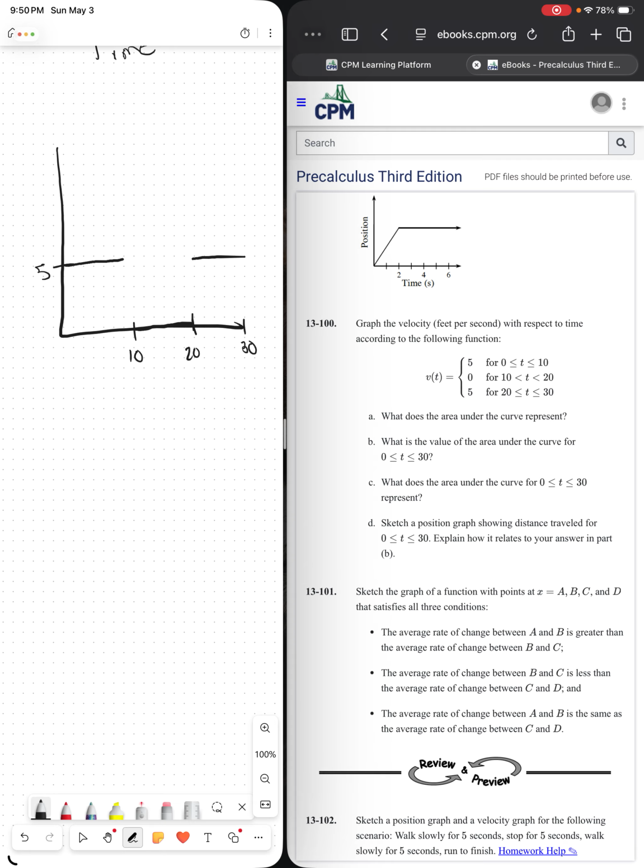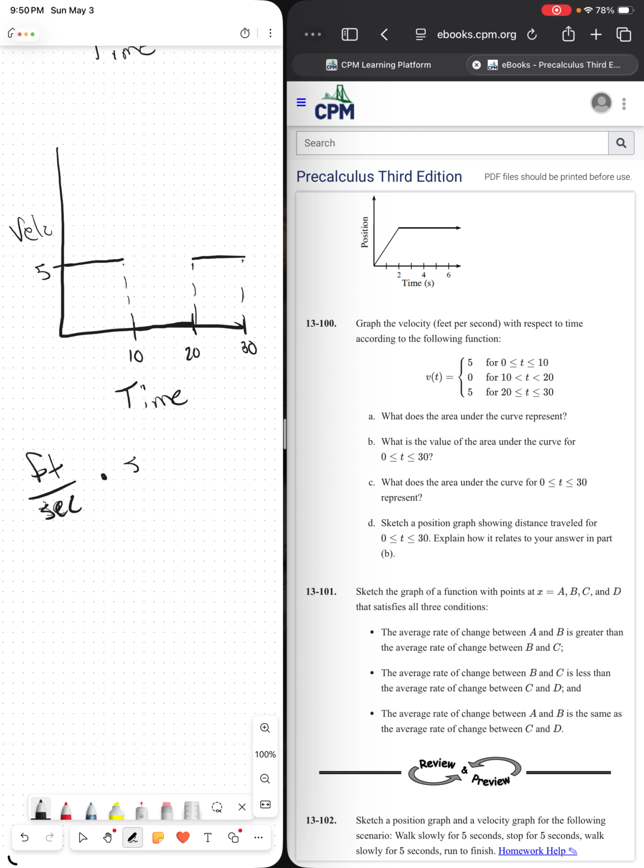Okay, what does the area under the curve represent? Here's the cool thing. The area under a velocity curve. So let me explain how this works, and we've talked about this before. Velocity is some feet per second, and then area is base times height, or length times width. So our height is feet per second. Our width is seconds.